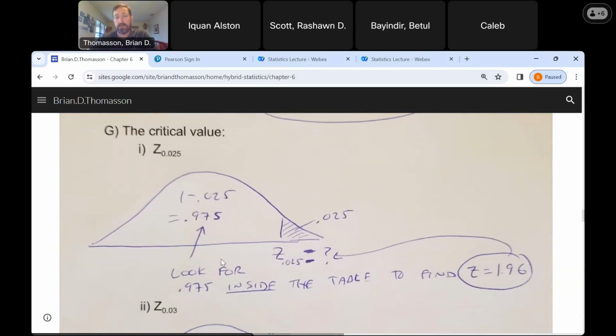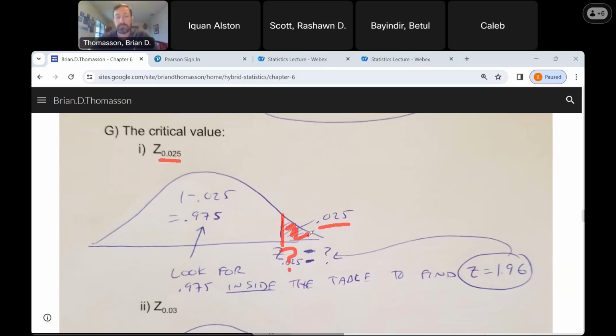And let's look at critical value. So critical value is a similar type thing. Okay, good. And we have a Z of 0.025. What that means is that we want to find what Z value, so we're figuring out where this cutoff is so that 0.025 falls above. So we want the 0.025 in the upper piece.